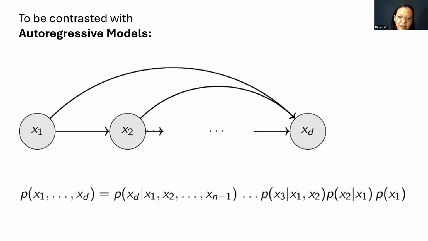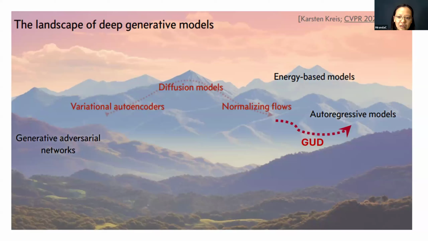This is to be contrasted with autoregressive models, where we generate one token at a time. And later, what I'm going to tell you is how we try to conceptually bridge or interpolate between the two forms of generation in our model.